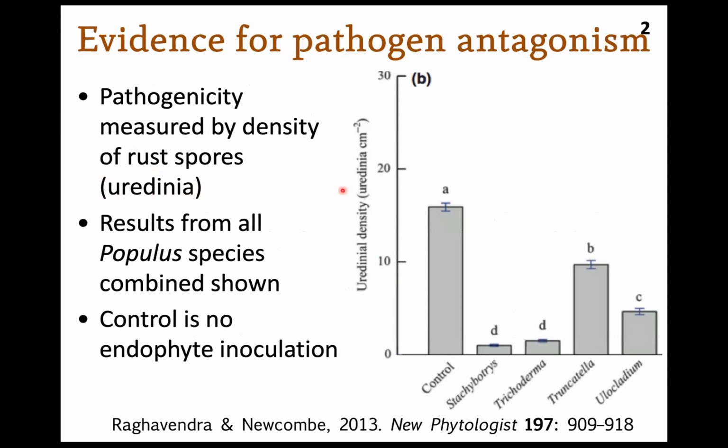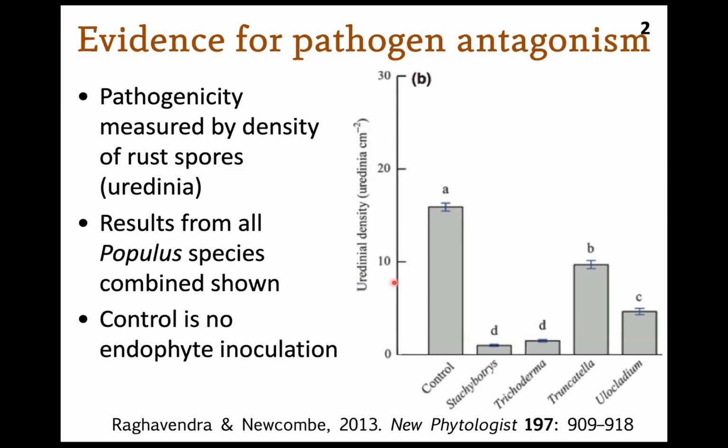They're using this as a measure of how effective the fungal pathogen has been at infecting those trees. If there's a lot of infection, they'll produce lots of uredinia spores, but if they haven't been able to infect very well, they'll produce fewer of those spores. So that's the logic for what they're measuring.